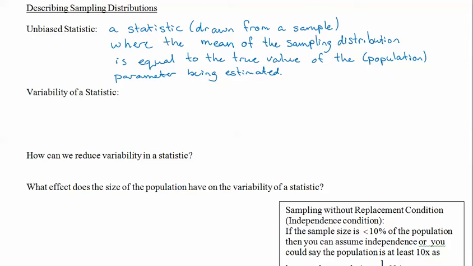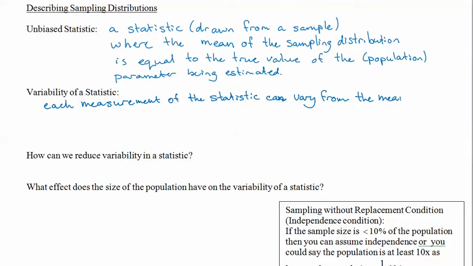So the variability of a statistic. Here we're talking about variability, meaning how it can change. Each measurement of the statistic can vary from the mean, so we're talking the mean of the sampling distribution, which is the true value of the population parameter.